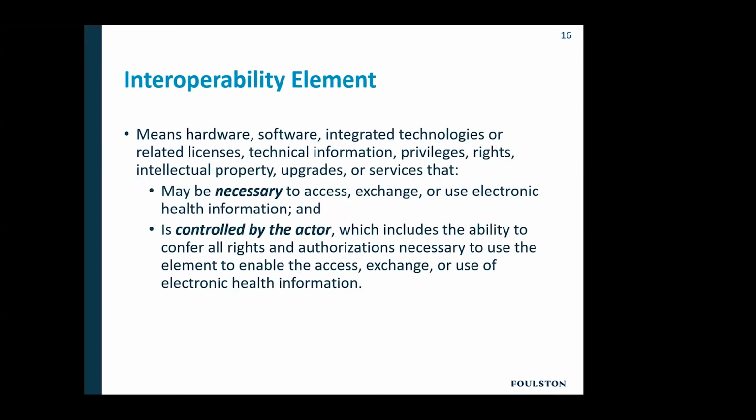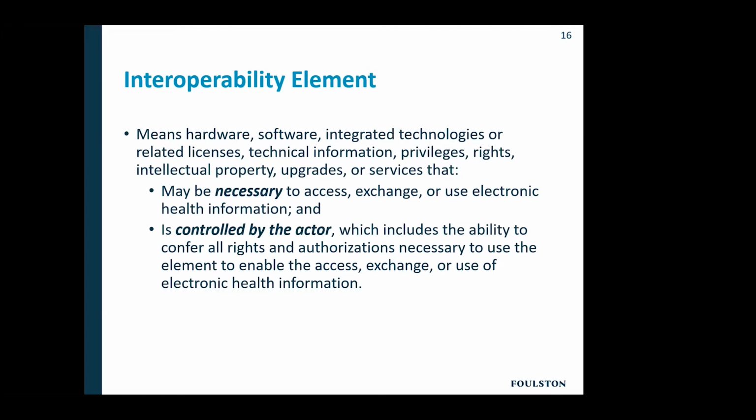Interoperability element. This is a definition related to the licensing exception, which is one of the exceptions that we will walk through in this presentation. It is essentially the type of devices or information governed under this information blocking rule: hardware and software technologies related to the licensing and privileges that may be necessary to access the information or are controlled by the actor.